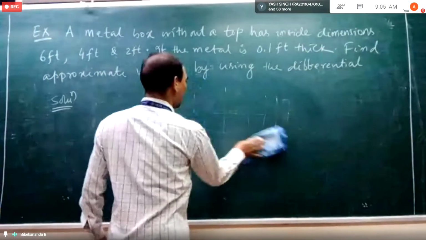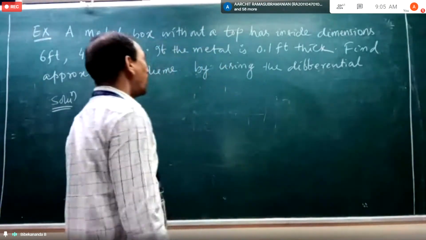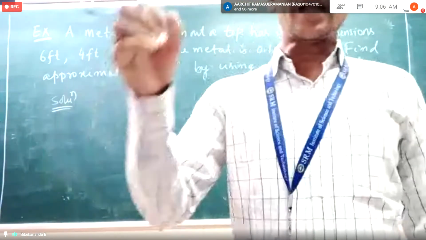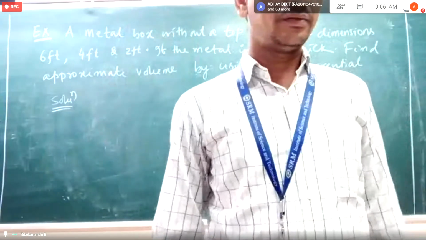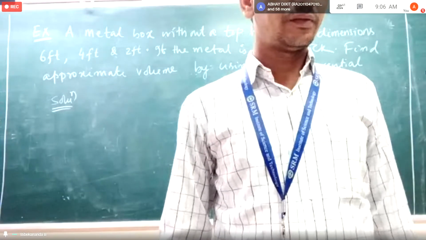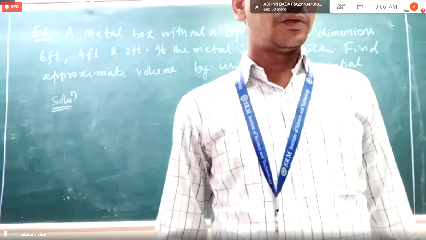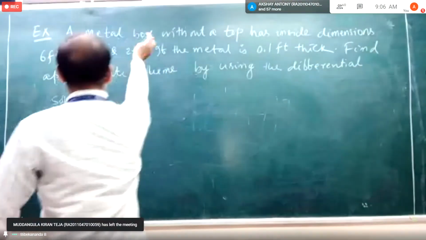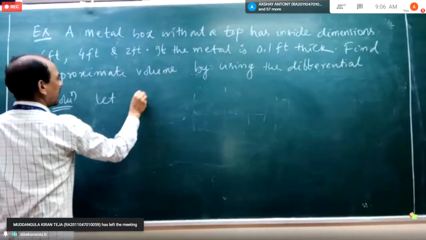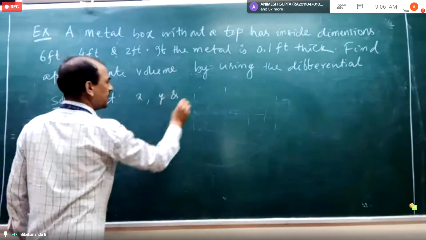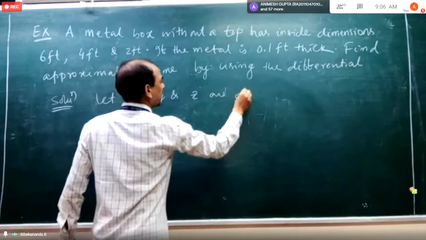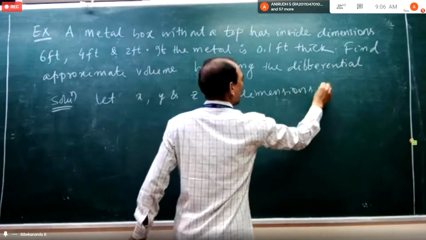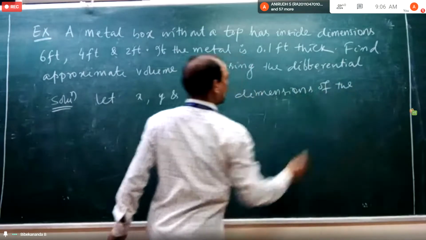Now tell me, what is the formula for the volume of a metal box with dimensions x, y, z? So x into y into z. So let x, y, and z be the dimensions of the metal box.